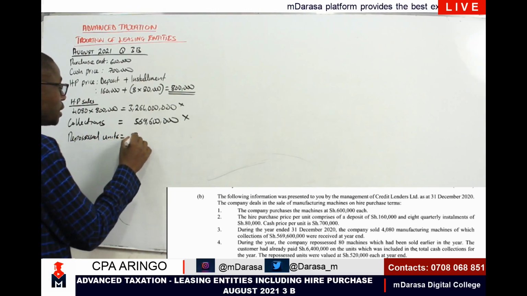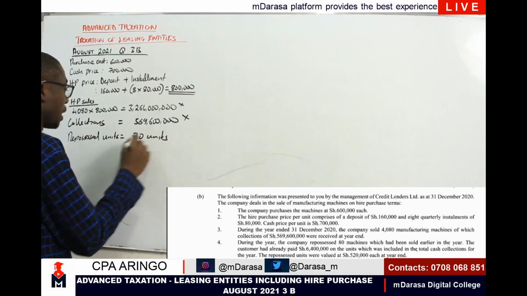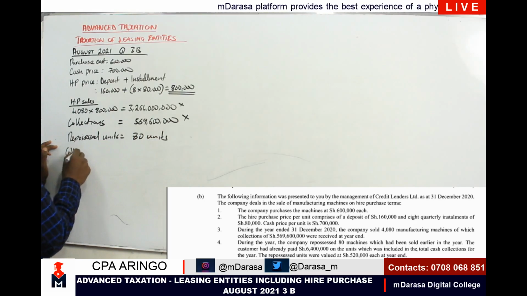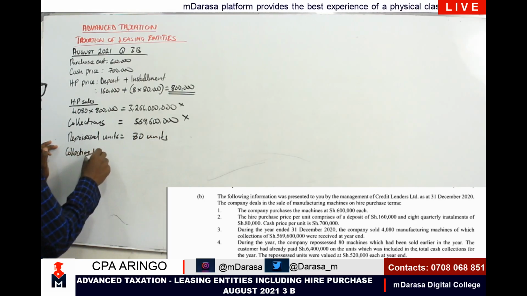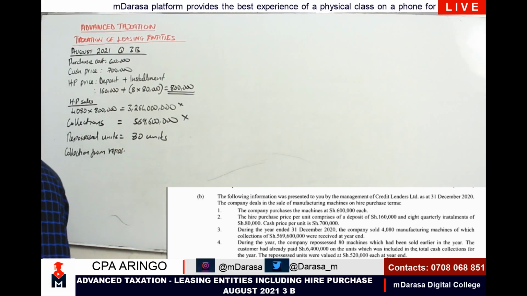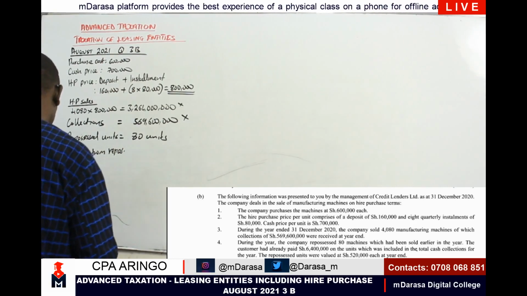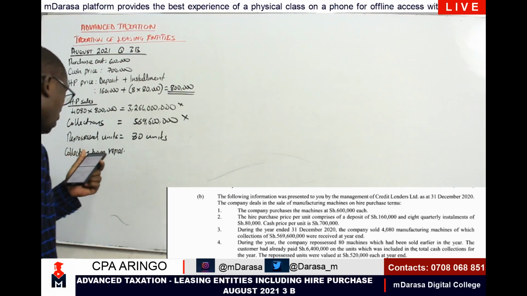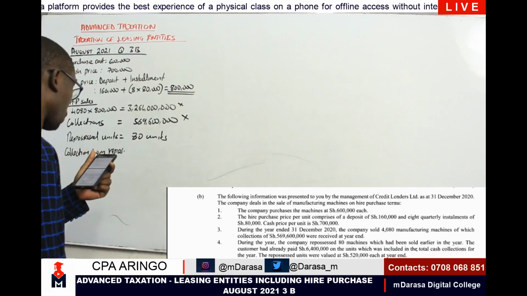We are told we had 80 units. And collection from repossessed goods, we are given a figure of 6.4.